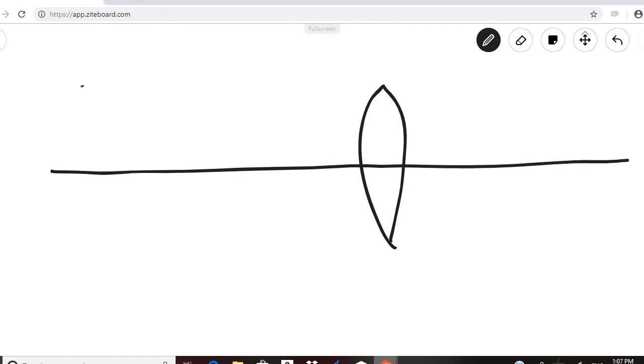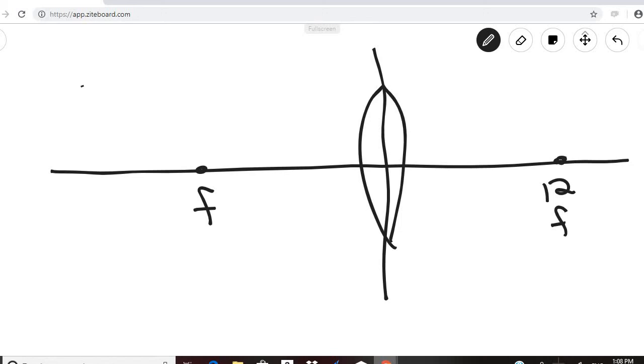Okay, so once again, we're 12 centimeters out. So that's a focal point. And we'll make this about the same distance as another focal point.